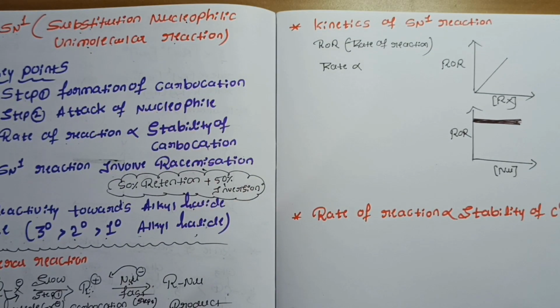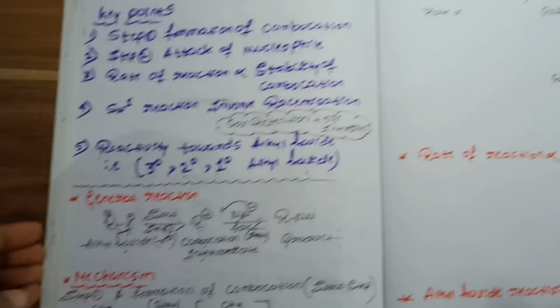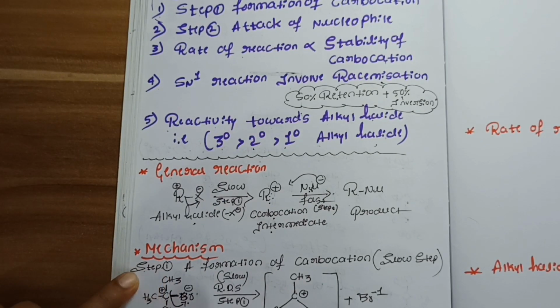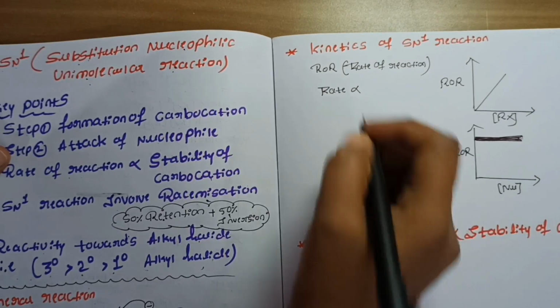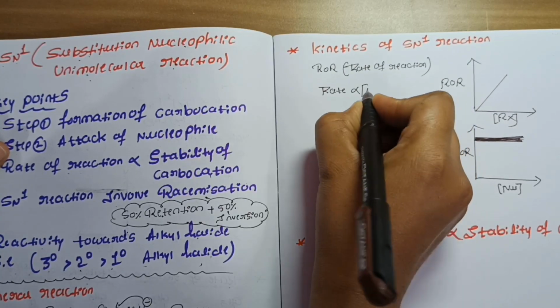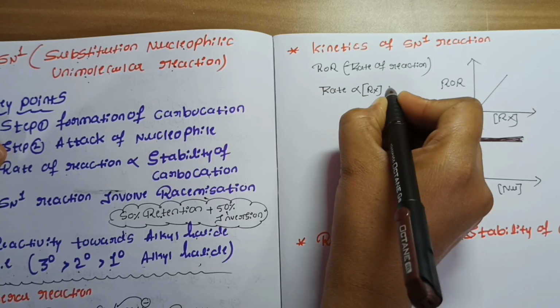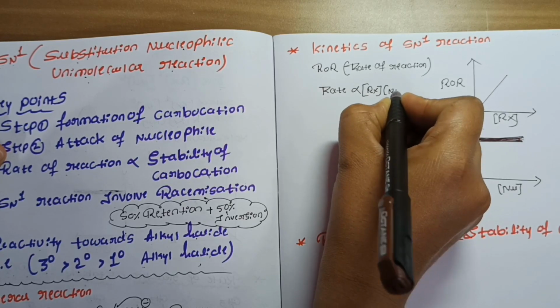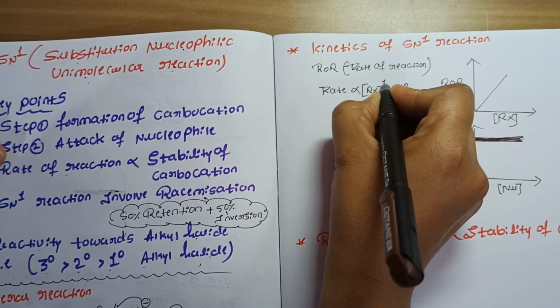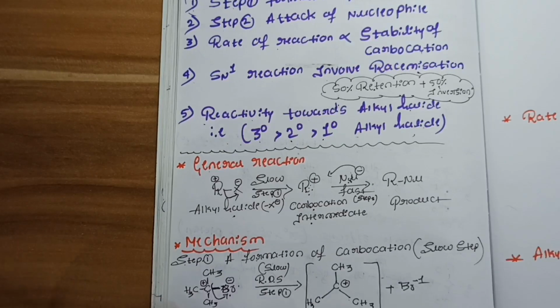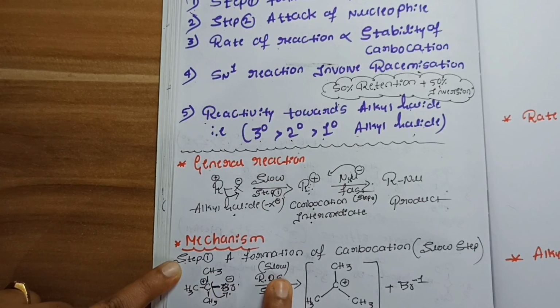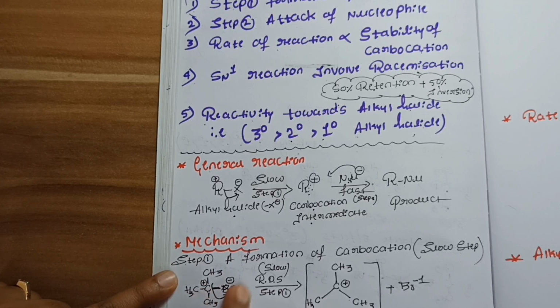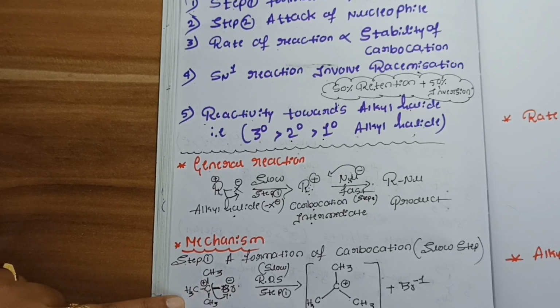Always remember, rate of reaction always depends upon the slow step. Which is the slow step here? The first step is the slow step. So the rate of reaction depends upon the concentration of alkyl halide only. It does not depend upon the concentration of nucleophile. Why? Because in the slow step, on the reactant side, we took only alkyl halide.